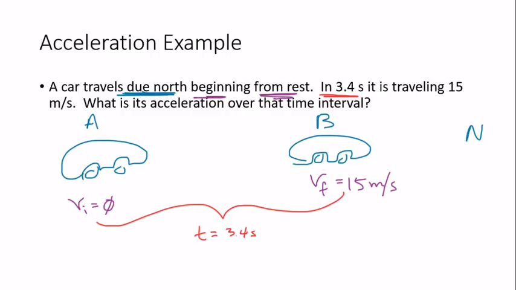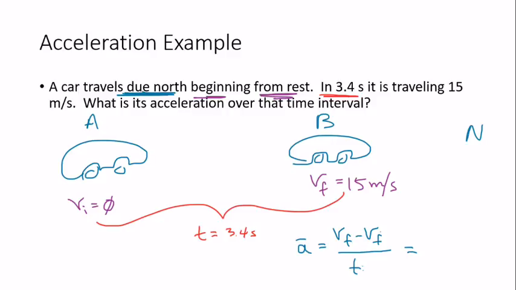If we go back a slide, you see that the equation we have is acceleration is equal to v sub f minus v sub i, final velocity minus initial velocity, divided by the time over which the acceleration occurs. So it's not too bad.